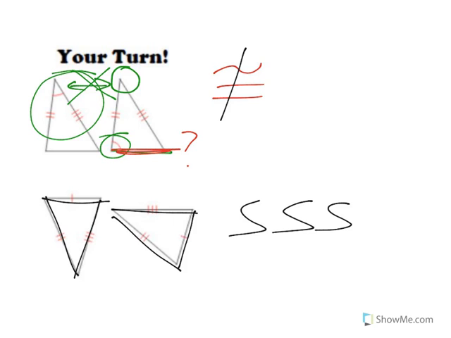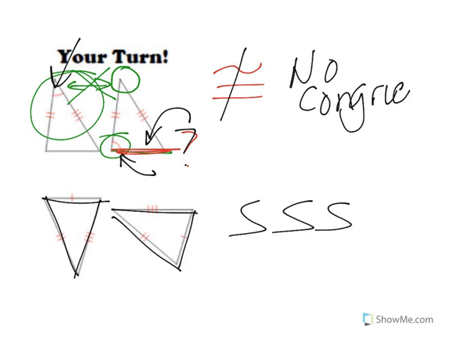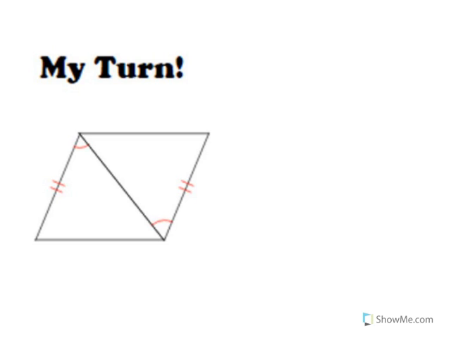Again, these are not included angles. So this is an included angle here on the first one. We notice here it's not. I put a question mark here because I know nothing about this line, this red line here, side, excuse me. So again, there's no congruence. That's what this statement means. No congruence. Okay, on the bottom here is SSS. That's kind of self-explanatory. Let's go on.